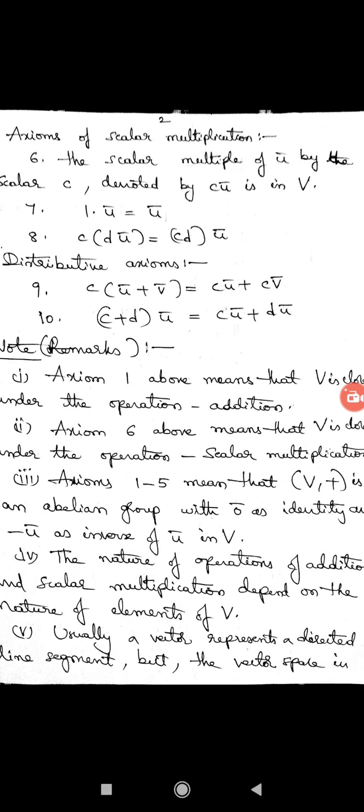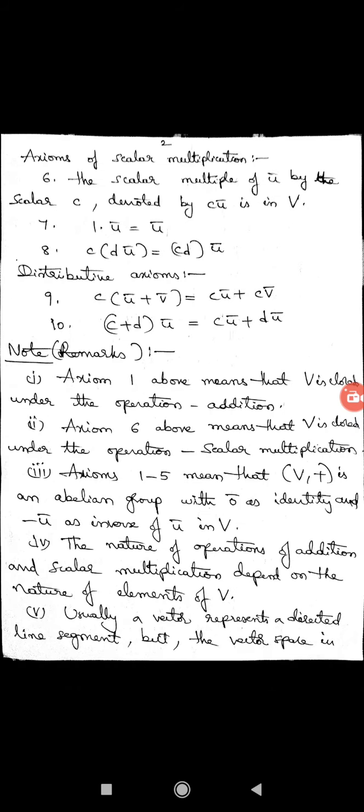Now the fourth note point says that the nature of operations of addition and scalar multiplication depend on the nature of elements of V. So we cannot always say in a generalized way that usual addition is the addition operation and usual multiplication is the scalar multiplication operation.